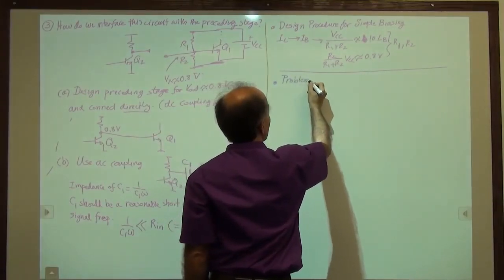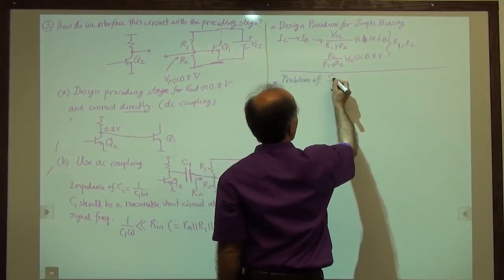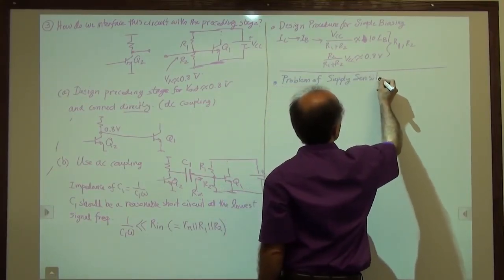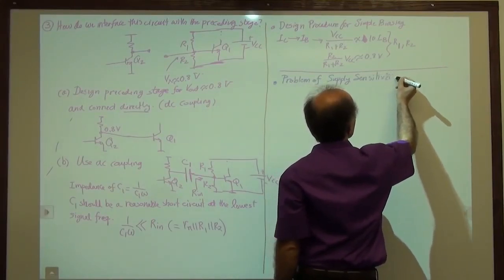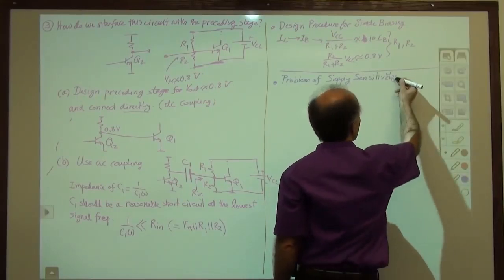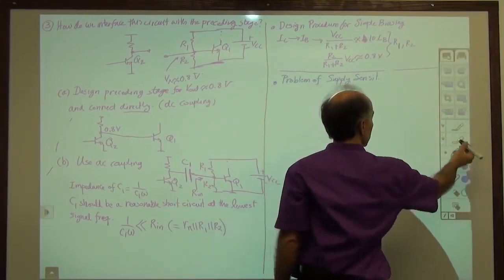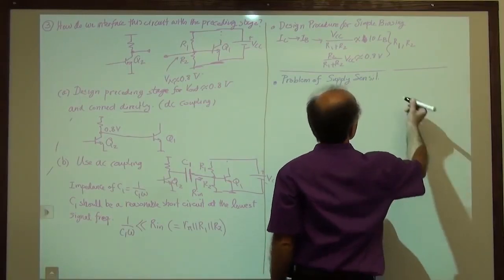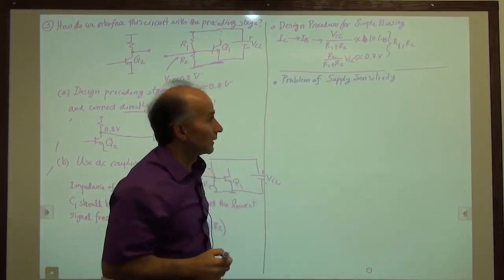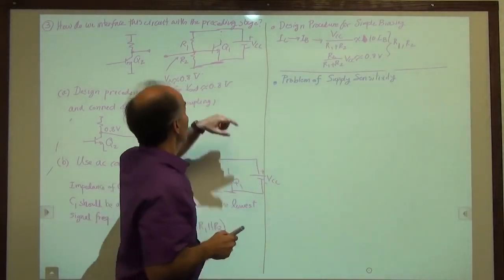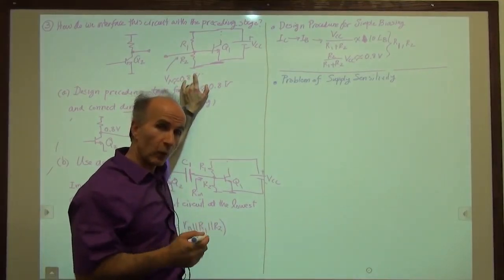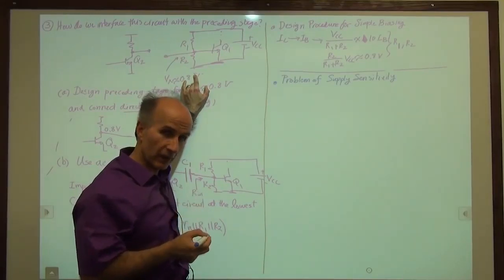Problem of supply sensitivity. Remember that we chose the current through these two resistors to be much higher than the base current to avoid sensitivity to the beta of the device.